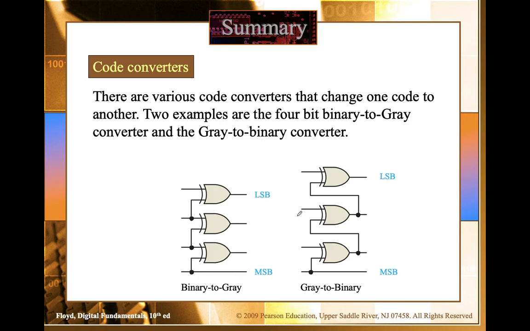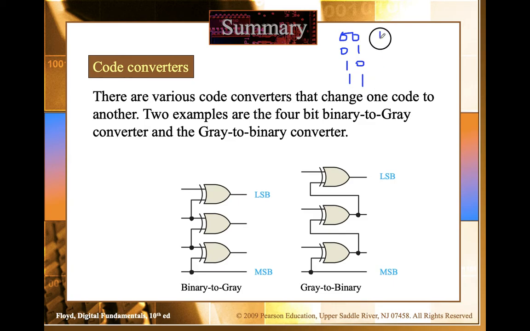gray code, in gray code, two consecutive numbers do not change in more than one bit. Remember, we talked about this. Normally we represent 00, 01 like that.